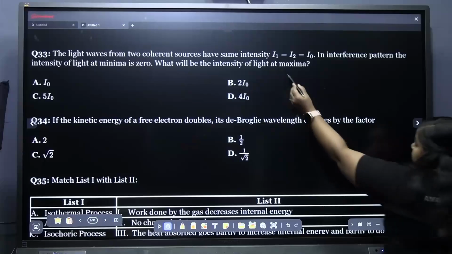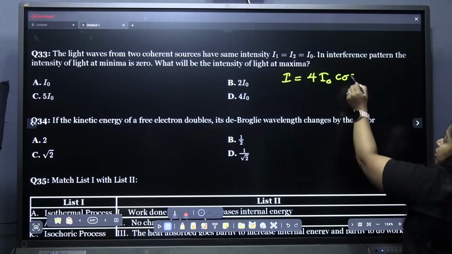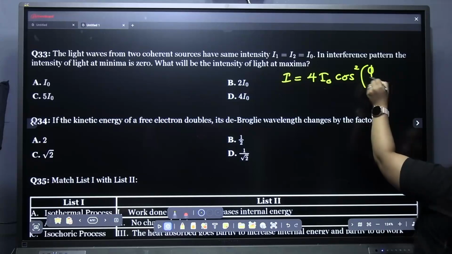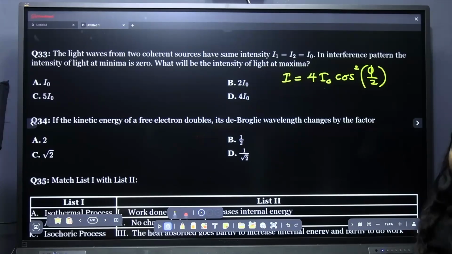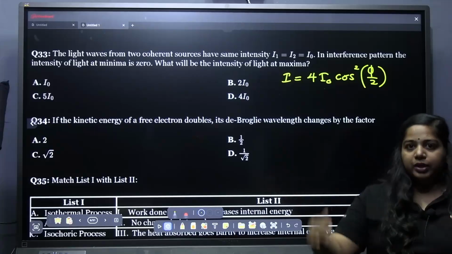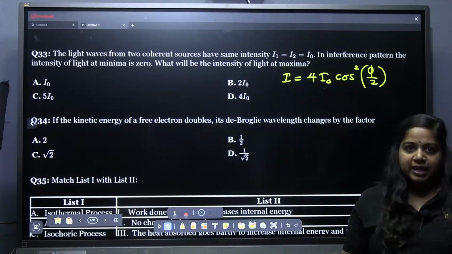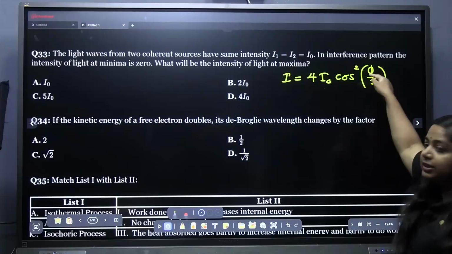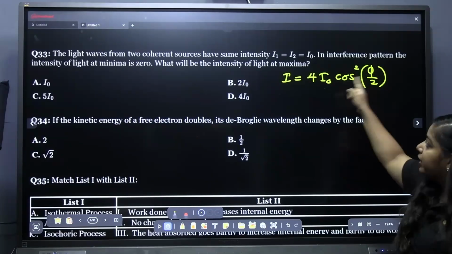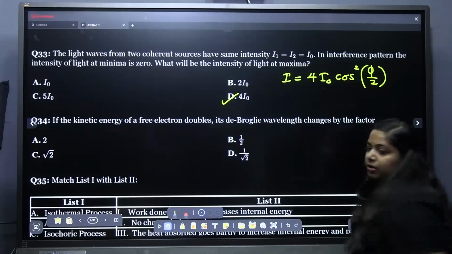We have one equation: intensity at any point equals 4 I0 cos square phi by 2. Phi is the phase difference at each point. At the maxima point, there is no phase difference. Phase is the same, which means cos 0 will come here. Cos 0 is 1, which means intensity will be equal to 4 I0.